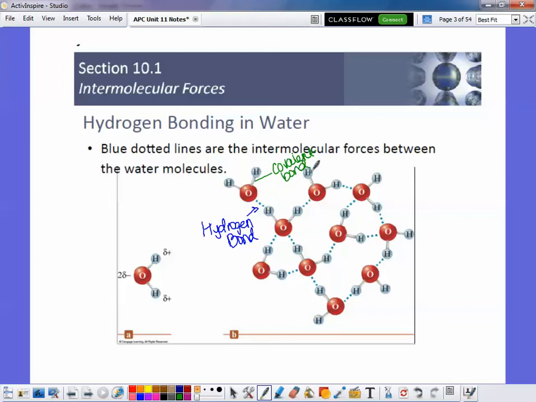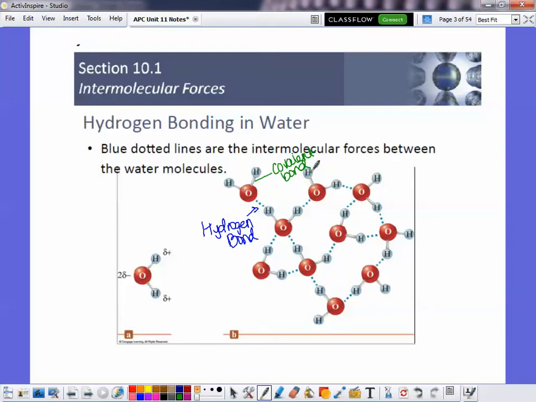Again, if I were heating this, the energy going in would first be to overcome the forces holding the molecules together, to overcome those hydrogen bonds. I would have to add in a lot more energy, and oftentimes electricity needs to be added in, to actually break the covalent bonds holding the oxygen to the hydrogens. Okay? All right.